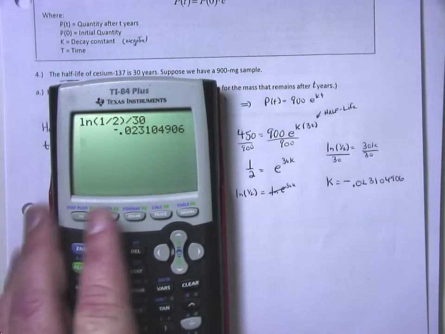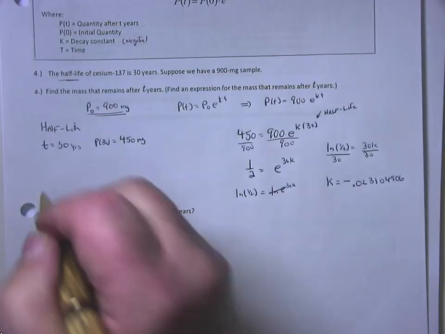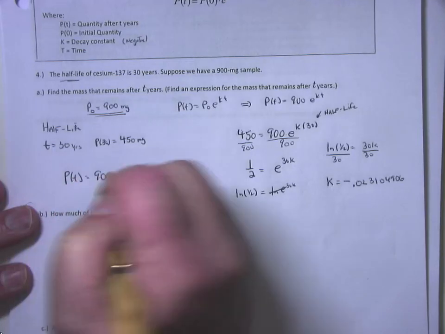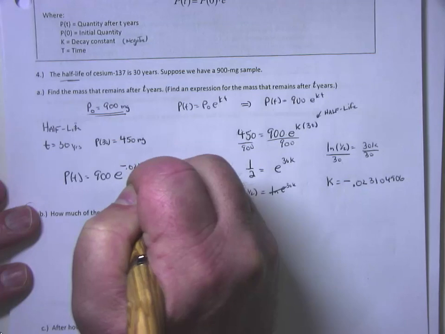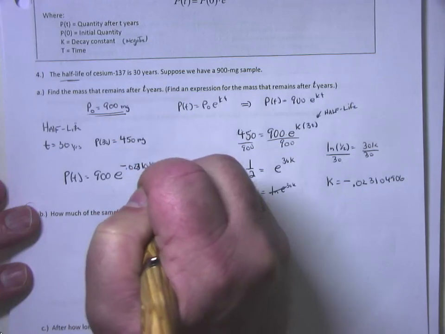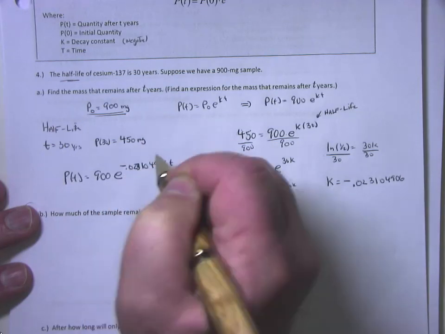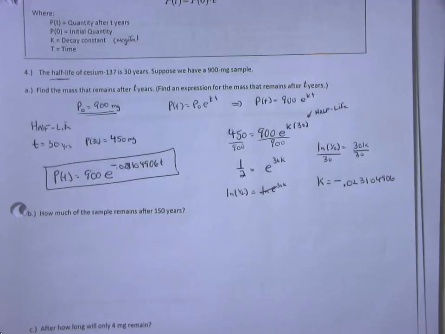So k equals negative 0.023104906. So my mathematical model is P of t equals P naught, which was 900, e to the negative 0.023104906t. This is your modeling equation. Does that make sense? Now, with this modeling equation, go and answer all the questions.